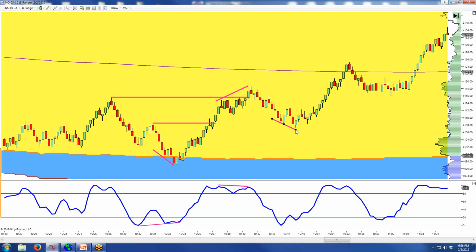Here, same thing, divergence to the upside, but here we do have an area to buy off of. This area was resistance because it hung here, so you can use that as the point where you had resistance. It comes down, holds that area as support, and you see divergence to the upside. You could go ahead and buy off that. Now it's risky, and of course you're going to confirm it with order flow.